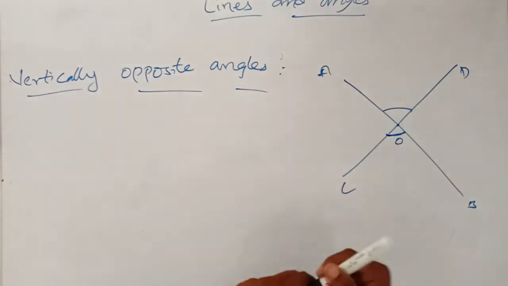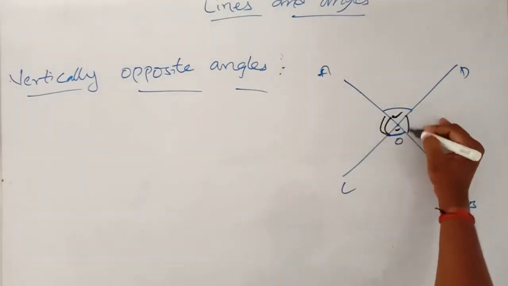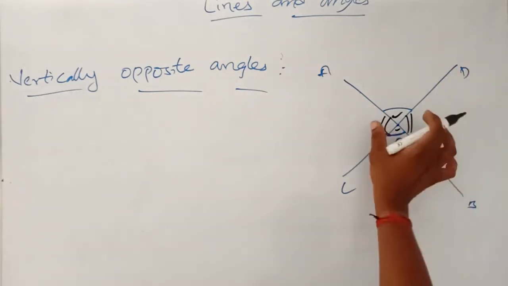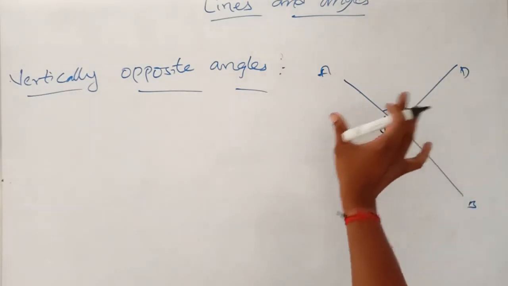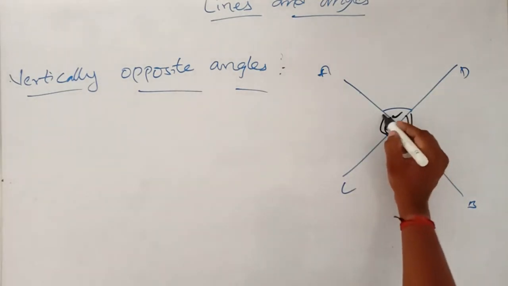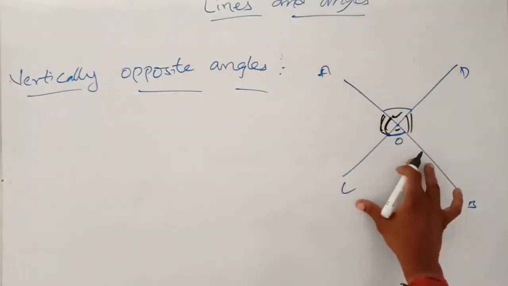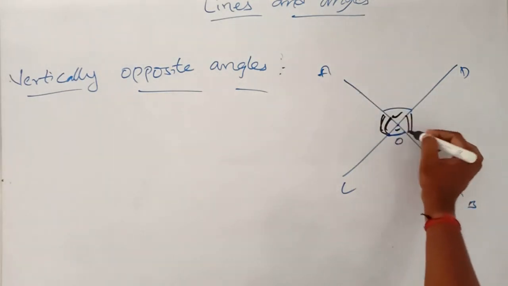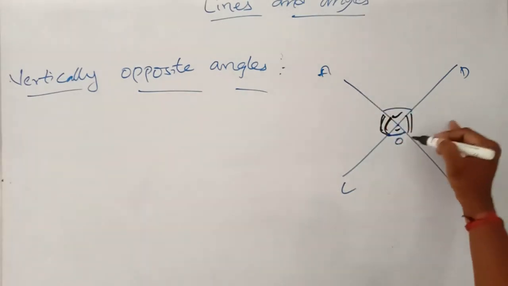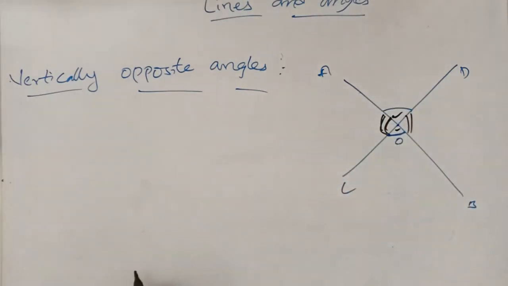See, these two are opposite to each other. In the same way, angle AOC and angle BOD are also opposite to each other. Hence, these are called vertically opposite angles. When two lines intersect at one point, vertically opposite angles are formed, and vertically opposite angles are always equal to each other.